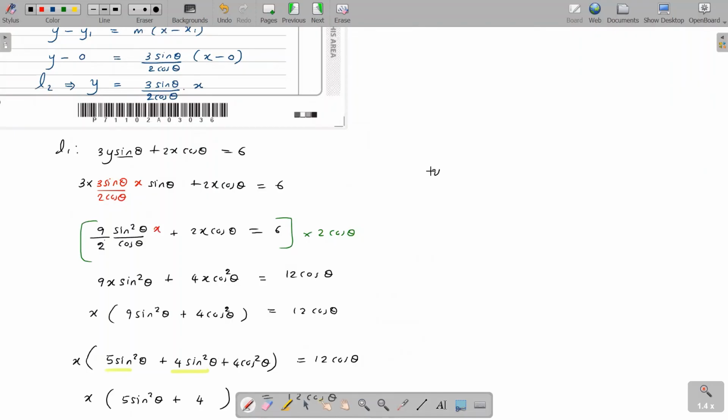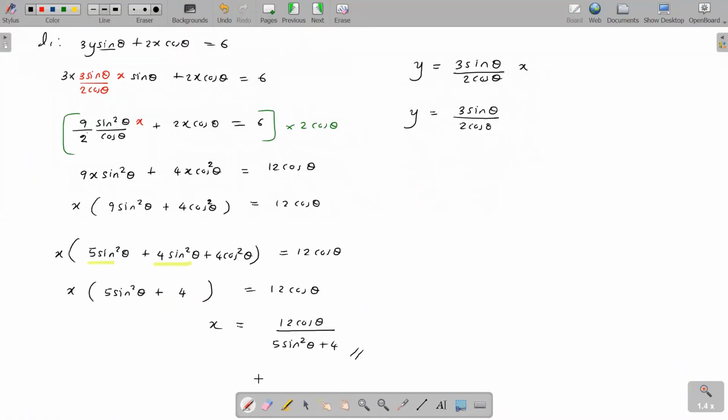So I will input that in the equation of line 2 because it's the easiest one to simplify. 3 sine theta over 2 cos theta times x. Let's input the x value. 3 sine theta over 2 cos theta times the x value.